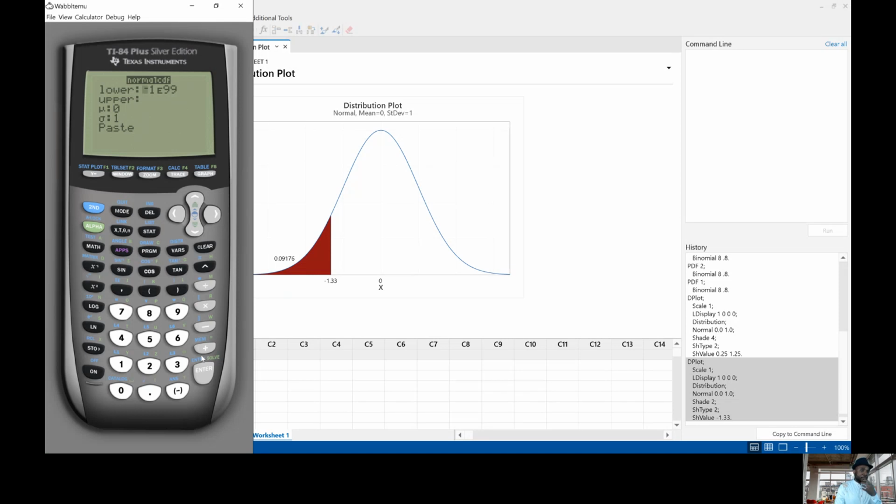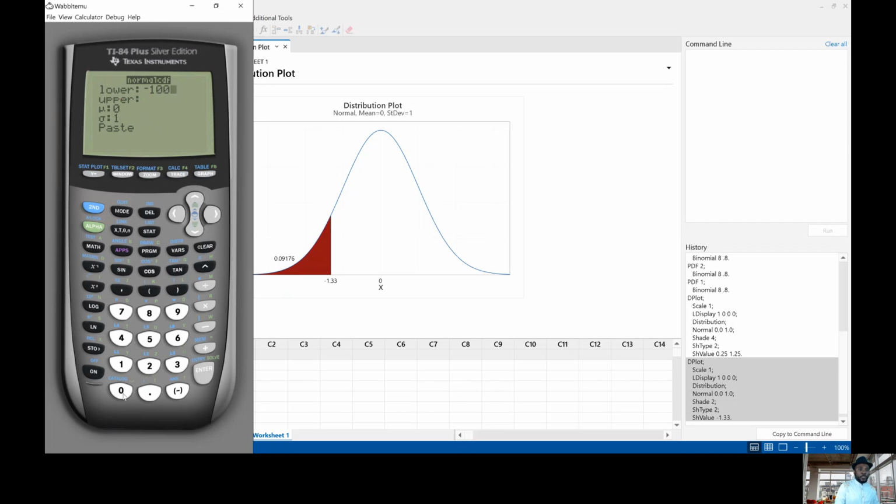Now it's already giving us a very small number to the left. Now we said that anything less than negative 3 is unusual. So we can change this to say negative 100.